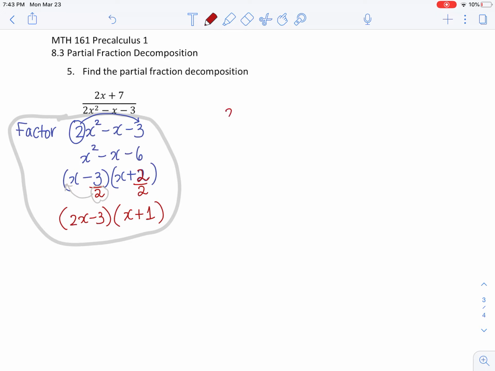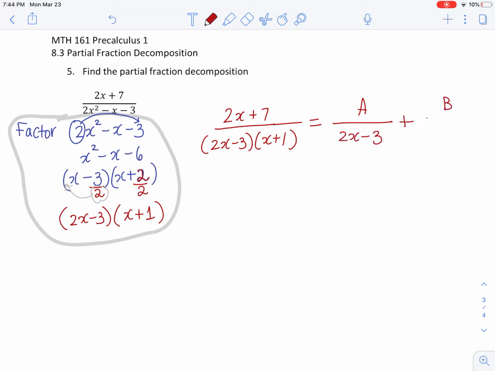So, okay. Now using that, let's break our single fraction of (2x plus 7) over (2x minus 3)(x plus 1) into something over 2x minus 3 plus another thing over x plus 1.